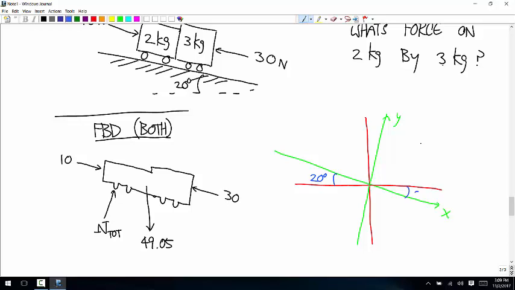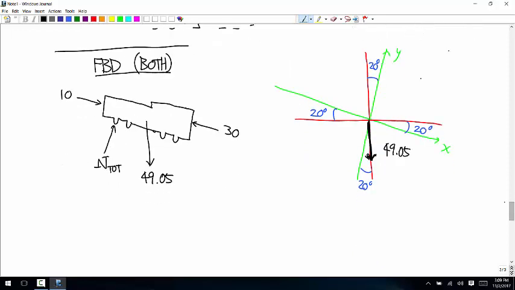And that means this angle has to be 20, and this one, and this one. And the weight force is this. The magnitude is 49.05. So the angle from the positive x-axis to here is 270 plus another 20, so 290.